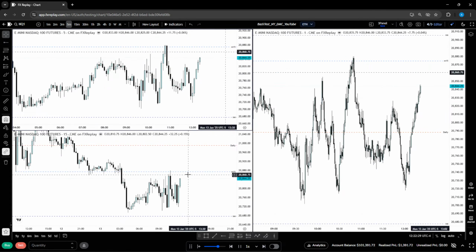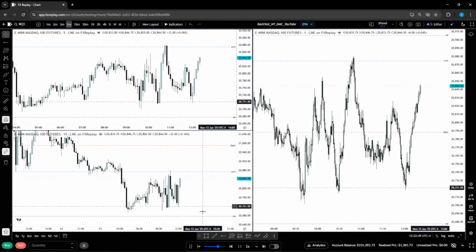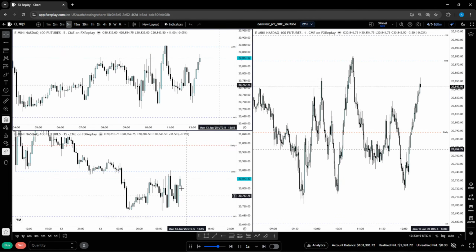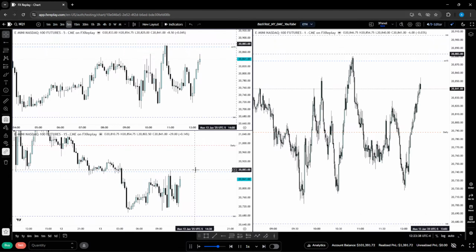So we'll see if we are getting rejected from this level again, going downward in this range, or whether we're breaking out.